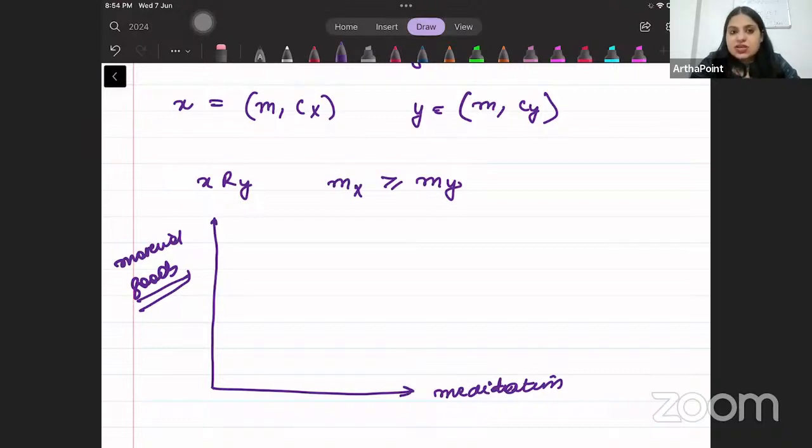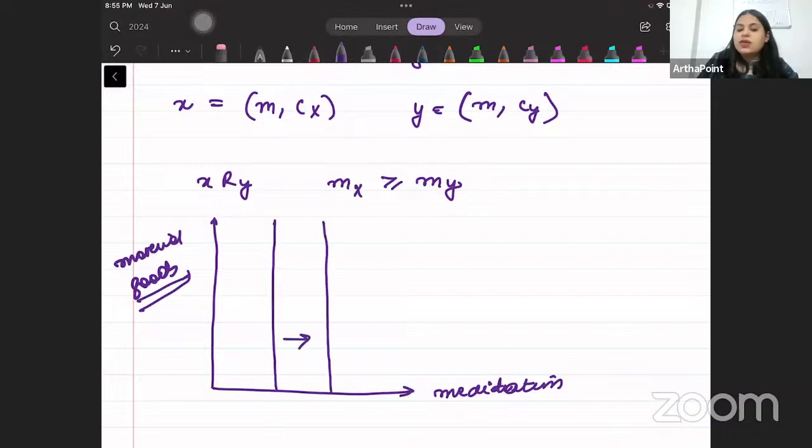On this basis, if I plot the indifference curves, the indifference curve will come out to be either horizontal or vertical, depending on whether you take meditation on the x-axis or the y-axis.